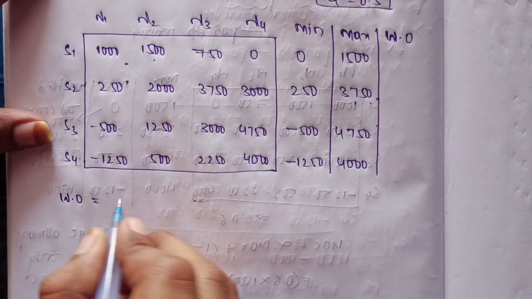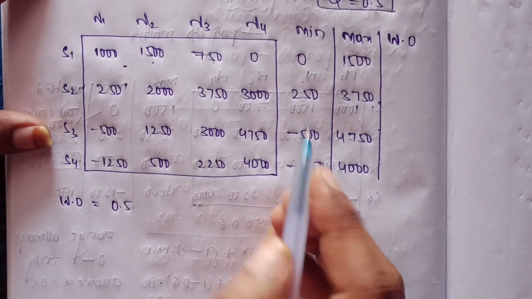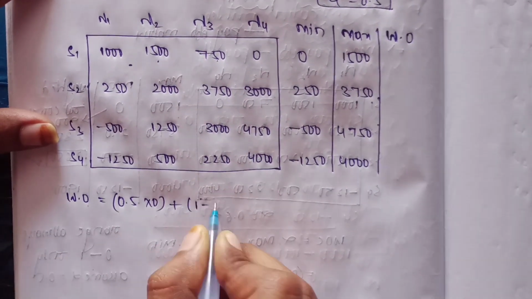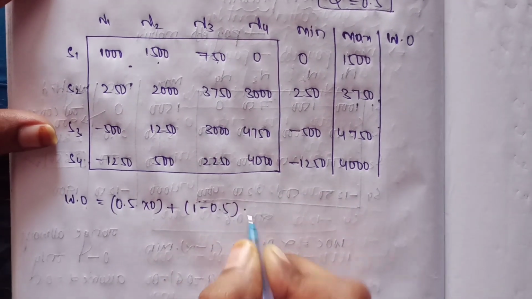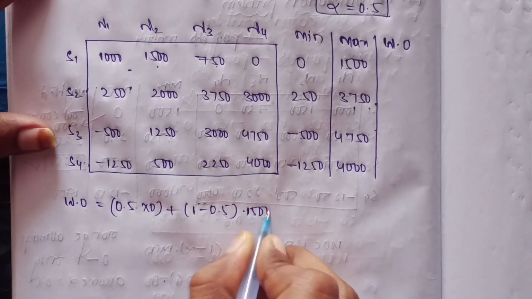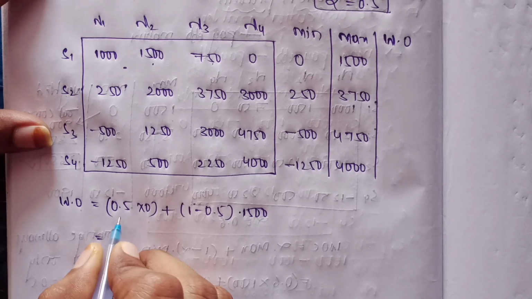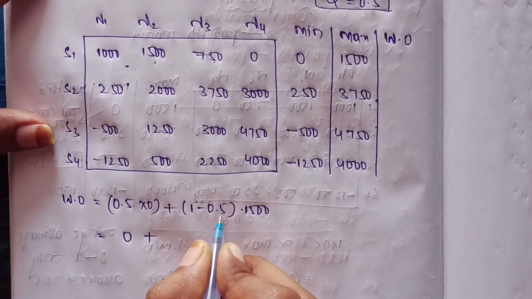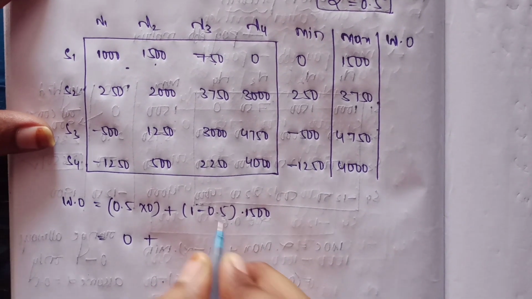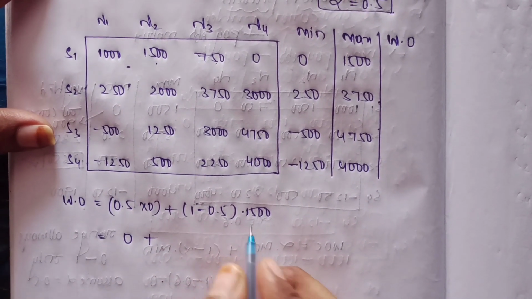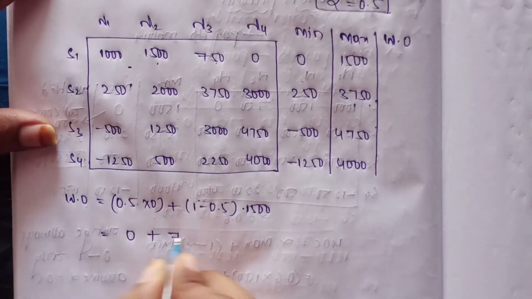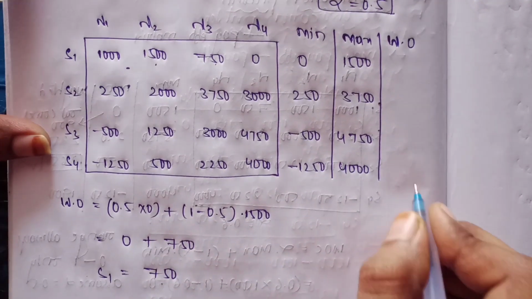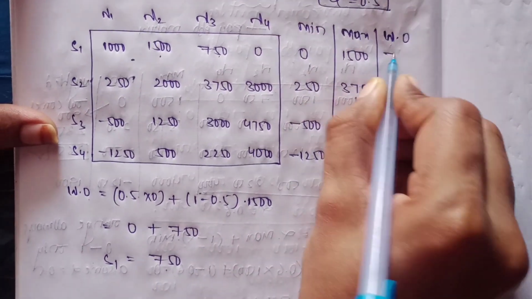So the first one is 0.5 into minimum value 0 plus 1 minus 0.5, which is 0.5, into maximum value 1500, which is equal to 750. So the S1 weighted outcome is 750.